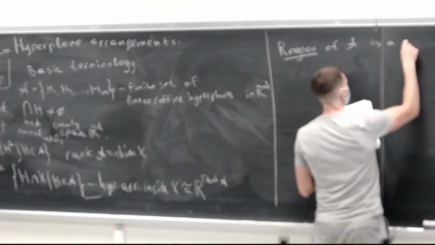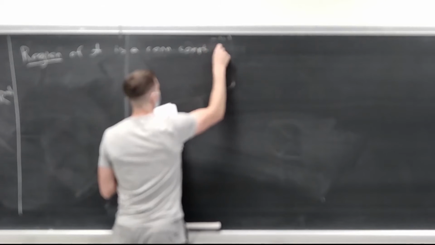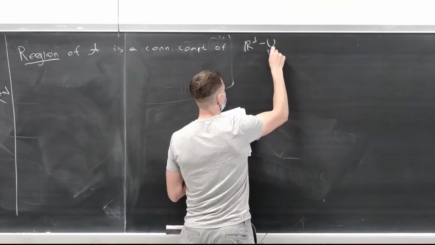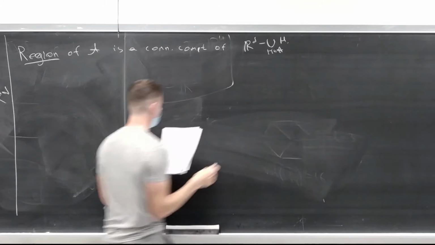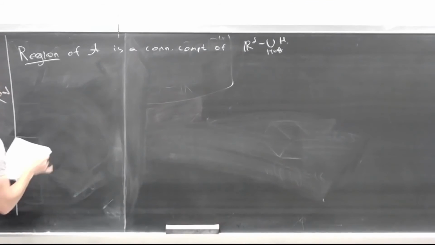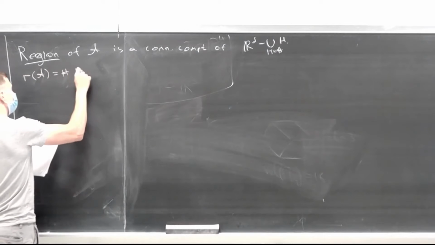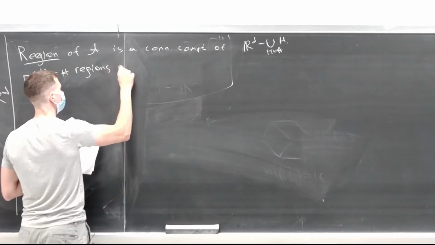It is a connected component of the complement of A, R to the d minus the union of the hyperplanes. And by little r of A, I'm going to denote the number of regions of A.